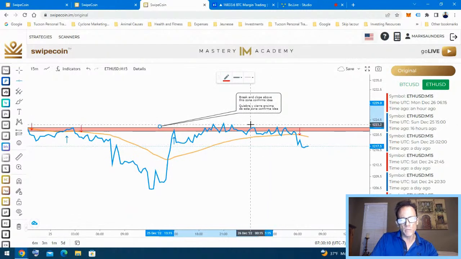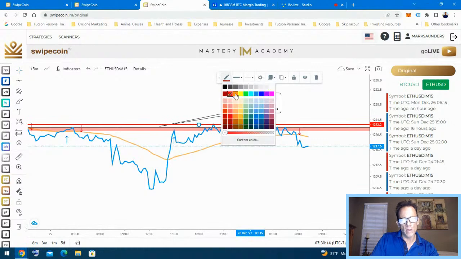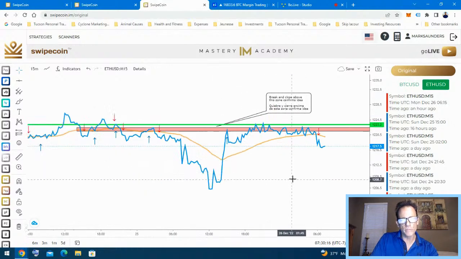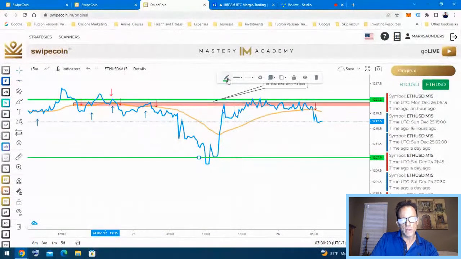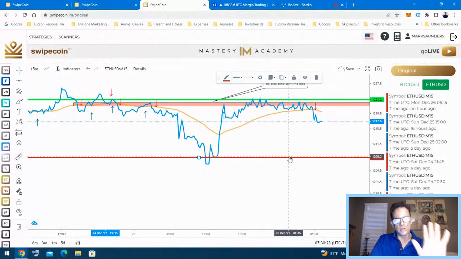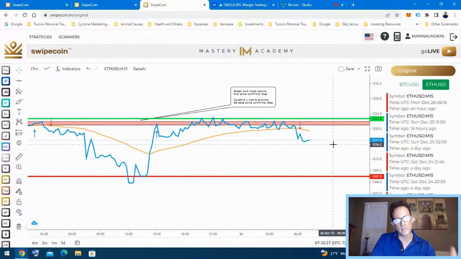It doesn't mean that it's always going to be that way, but I really lean on the Bitcoin price mostly to follow and see if I'm going to take an Ethereum trade. I'll usually do them the same way. I won't trade them opposites.